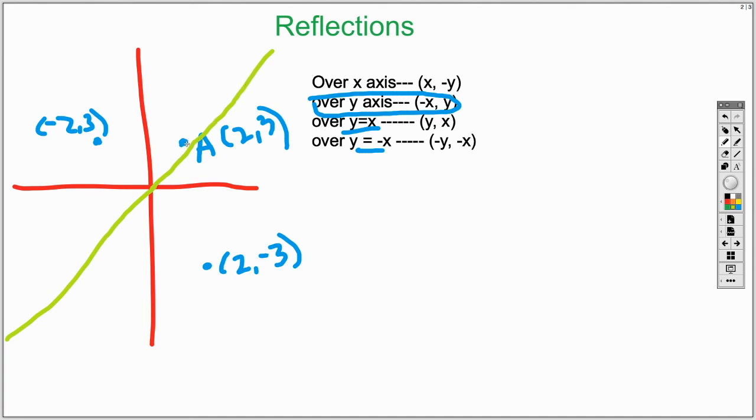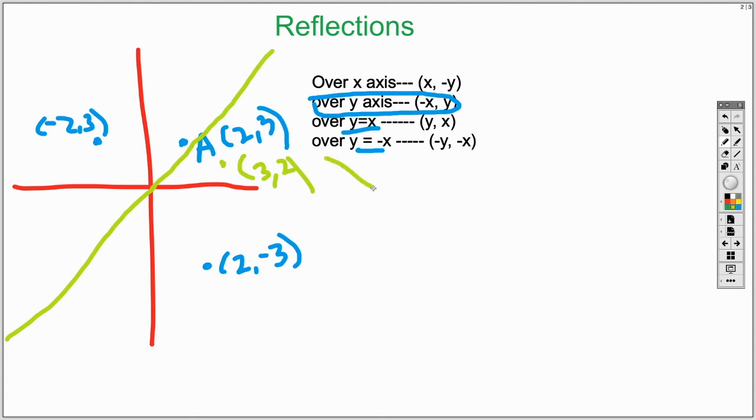Right now this is (2, 3). I would just flip the numbers, so it would become (3, 2). We can see that instead of reflecting over the x- and y-axis, it's reflected over this line.